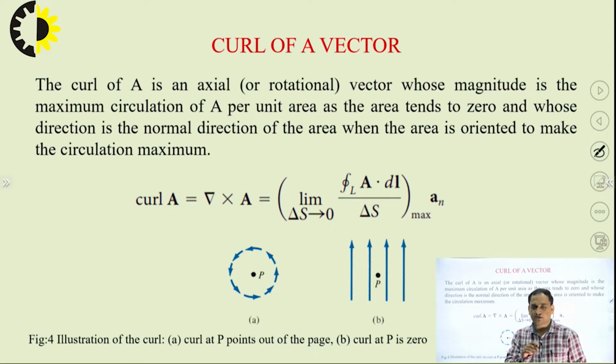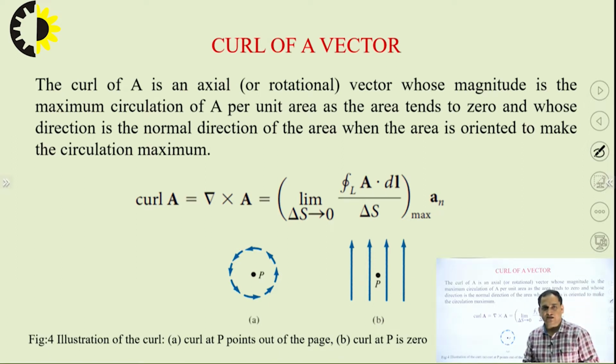So when the volume tends to 0, or per unit volume, in that way we derive the divergence and the divergence theorem. Similar to that, in the case of curl, when the area tends to 0, or for per unit area, we say what is the direction of the vector or the maximum circulation of the vector.